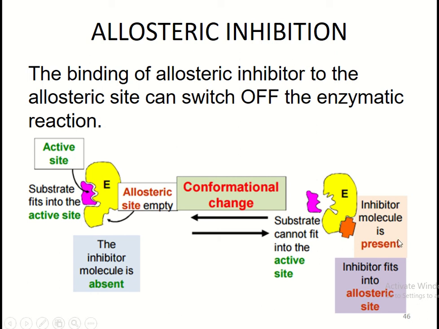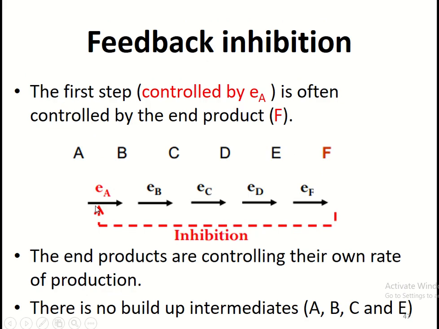So as you can see here, if the inhibitor binds to the allosteric site, the enzyme will become inactivated. If the allosteric site of the enzyme is empty because the inhibitor has detached, the enzyme is ready for the catalysis reaction. So now, feedback inhibition.